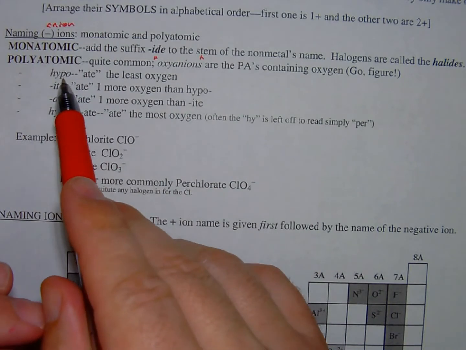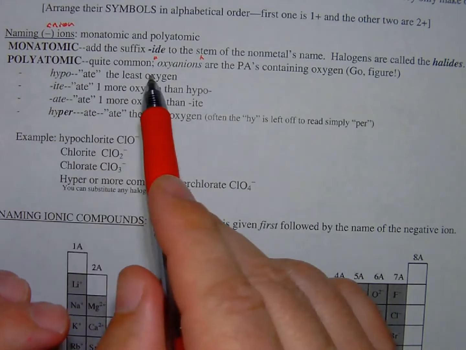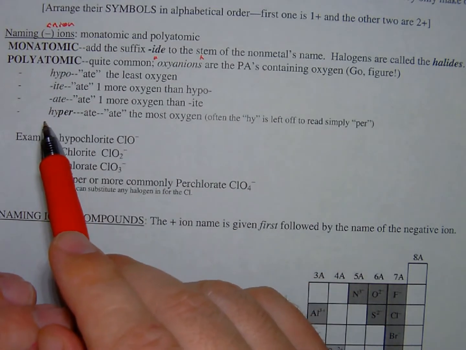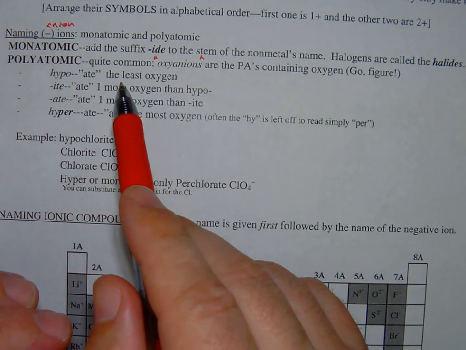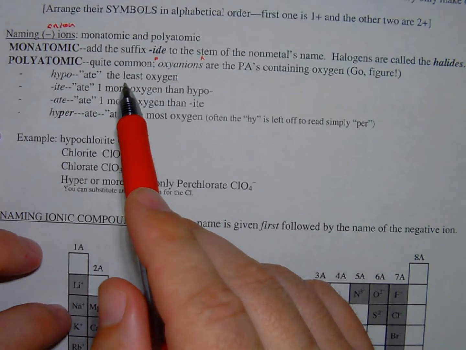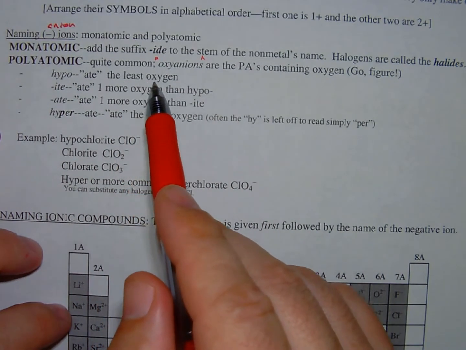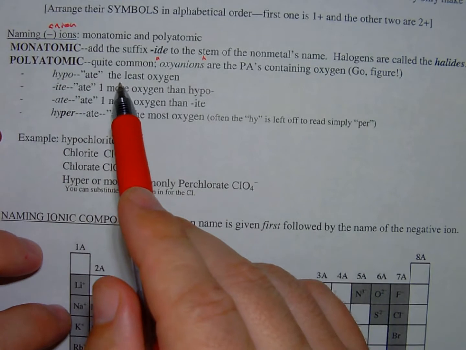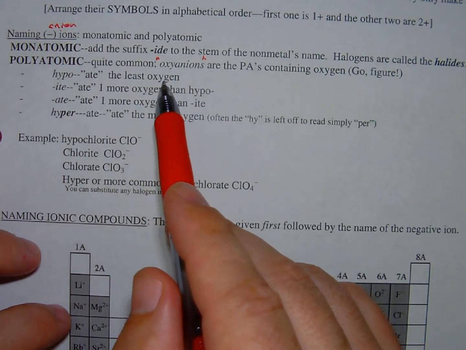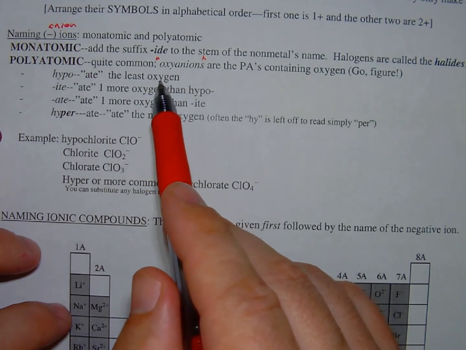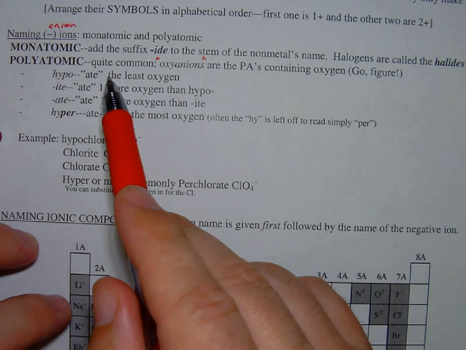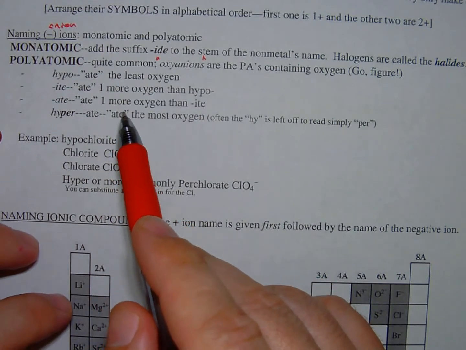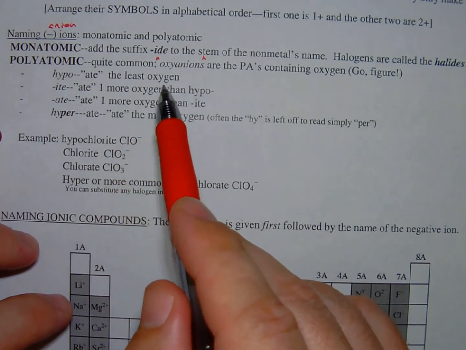When we say hypo, and then the name of the rest of the polyatomic anion, that means it has at least one oxygen, but compared to other versions of that polyatomic ion, it has the least oxygens.